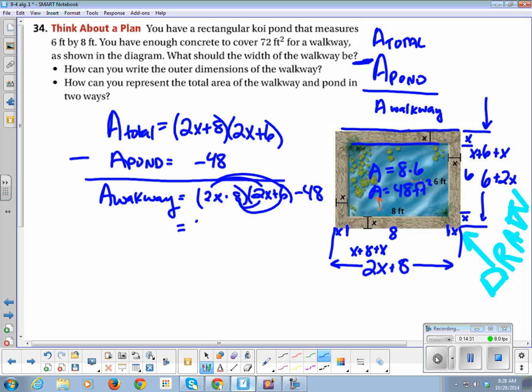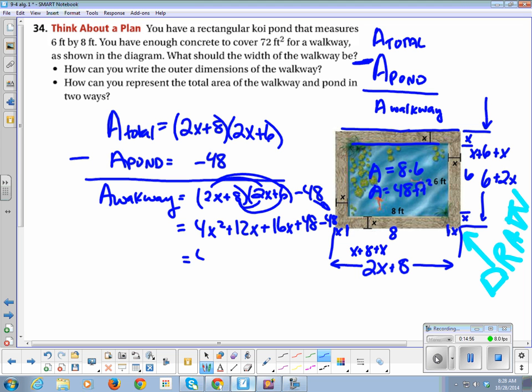So 2x times 2x is 4x squared. 2x times 6 is 12x. 8 times 2x is 16x. And 8 times 6 is 48. And then we have the minus 48 that goes on the end.